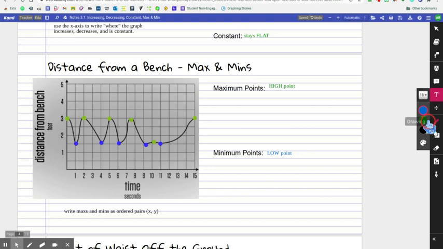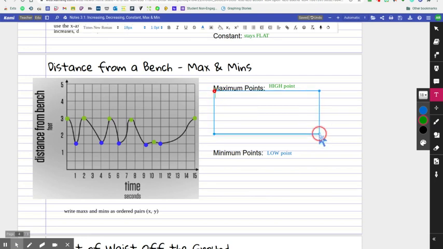Okay, so let's start with our max points. All right. So this first ordered pair, this first point, remember, we write it as the x value first, the y value second. In this case, it's the time and then the distance. So at this time, it's 0 seconds and 3 feet.